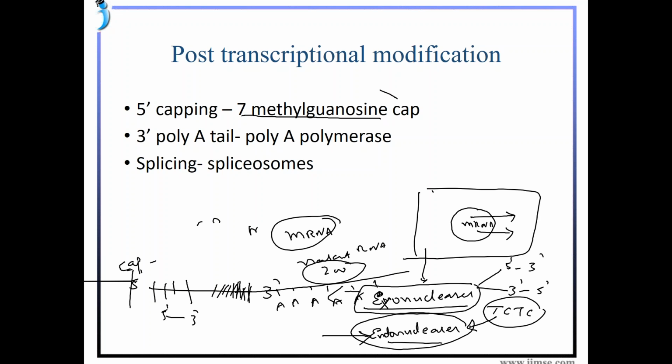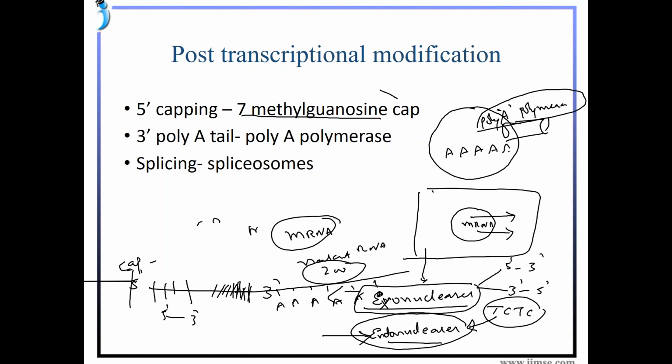Once mRNA gets synthesized inside the nucleus, so this is our nucleus, it should exit through the pores into the cytoplasm. Before exiting through the pores into the cytoplasm, there will be the poly-A polymerase enzyme. This poly-A polymerase will add adenine nucleotides continuously at the 3' end.